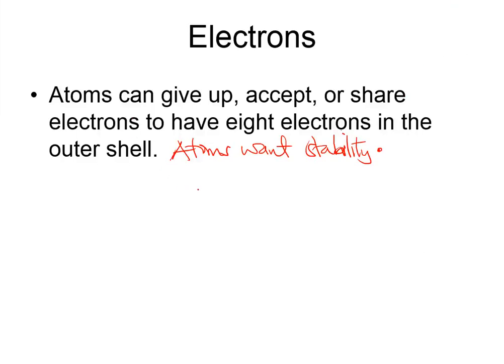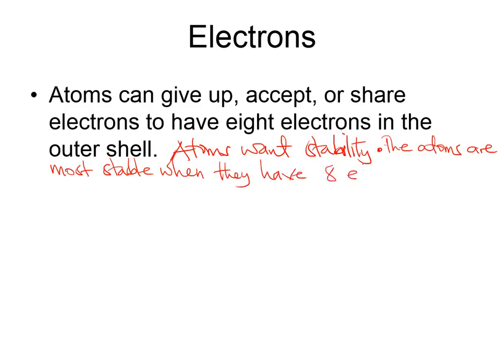So the atoms are most stable, that is, they are happy when they have 8 electrons in their outer shell.